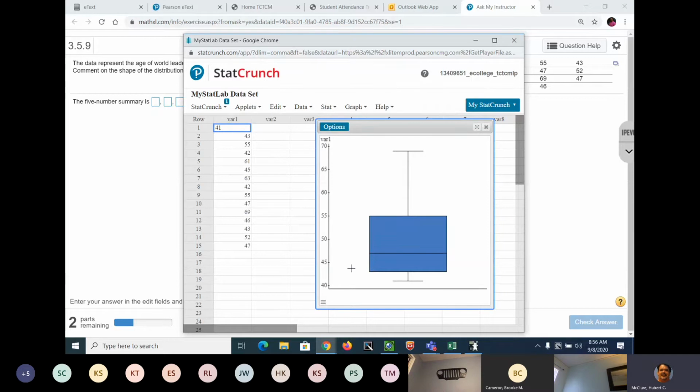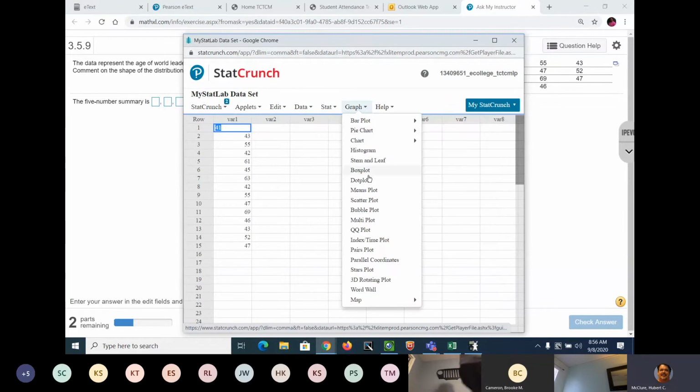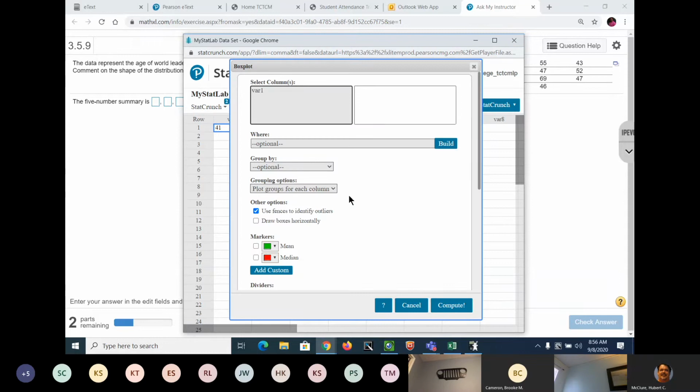Now, of course, it does it vertically. I guess you could change that to horizontal. I don't know, but it does it totally different. Let's see if I can change that. Graph, box plot. Draw boxes horizontally, maybe.